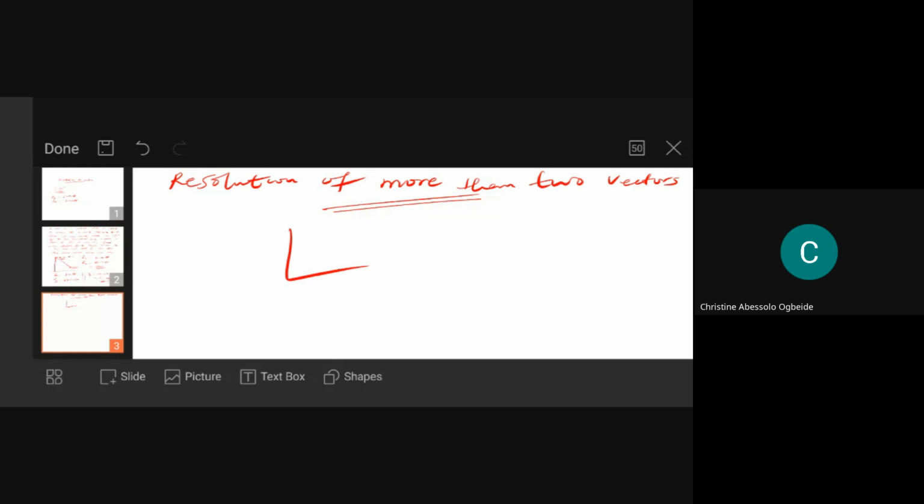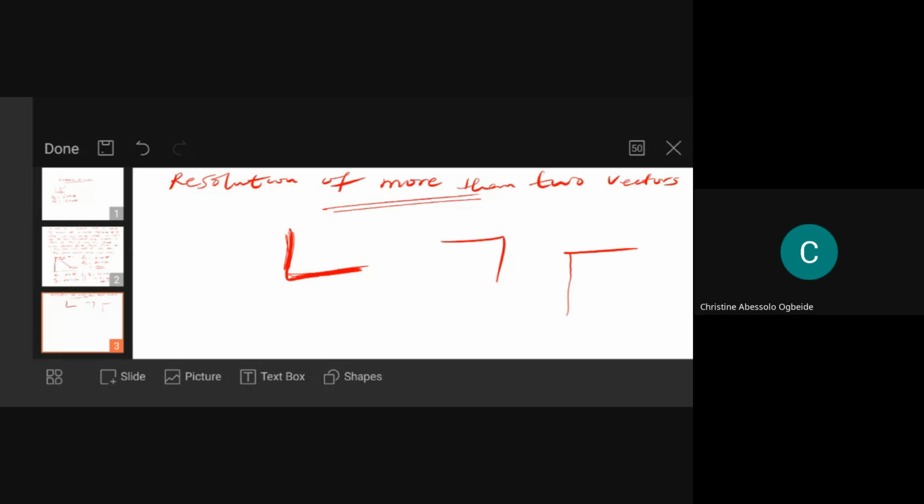So we have to resolve: every vertical component should come on this single line, and every horizontal component should be on this single line. So it can either be like this, like this. It can equally be like this and the likes.